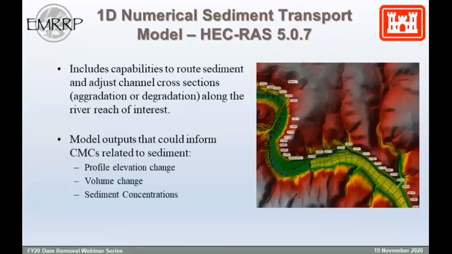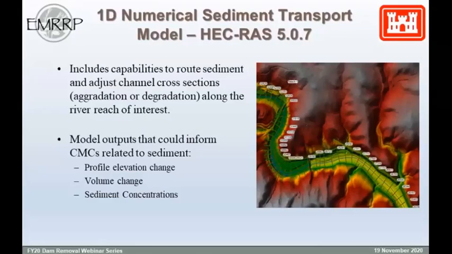All right, so today I'll be talking about 1D numerical sediment transport modeling, specifically the HEC-RAS model, version 5.0.7. Some of the capabilities that this model offers are to route sediment and adjust cross-section aggradation or degradation patterns along the reach of interest.